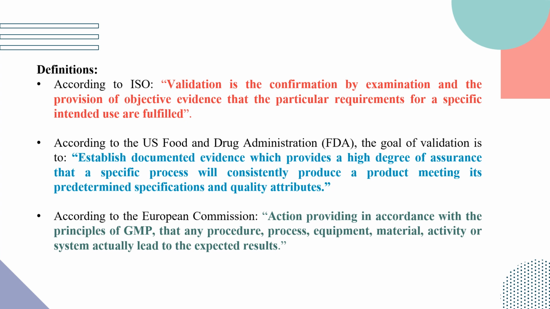According to US FDA, the goal of validation is to establish documented evidence which provides a high degree of assurance that a particular process will consistently produce a product meeting its predetermined specification and quality attributes. As per the European Commission, validation is an action of proving, in accordance with the principles of GMP, that any procedure, process, equipment, material, activity or system actually leads to the expected results.